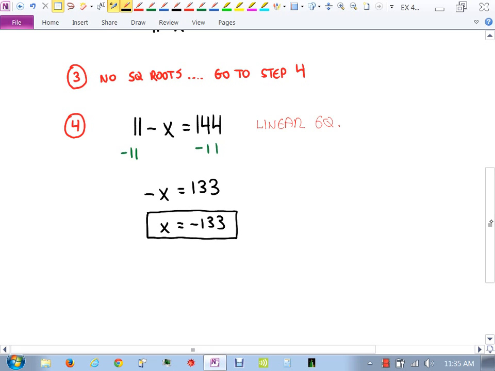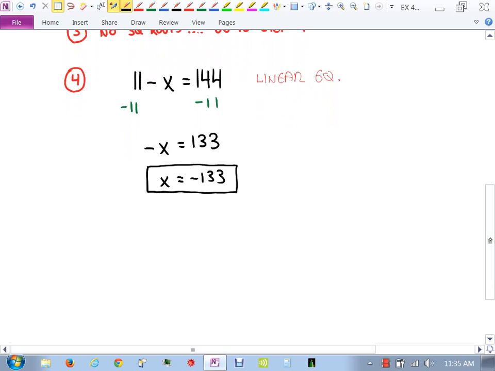The last step is to check the answer. So when I check this answer, I'm going to write down the original problem, the way it was presented to me when I started. And what I'm going to do is replace my x with negative 133, and see if this checks out or not.